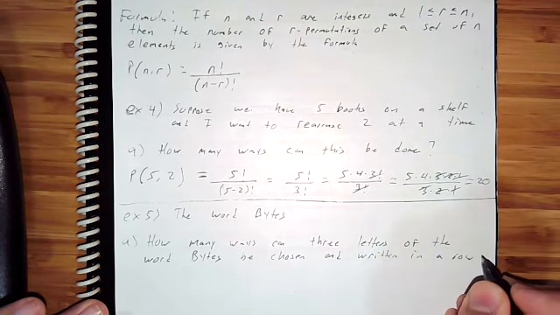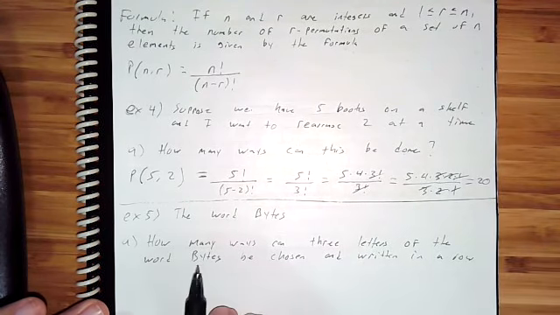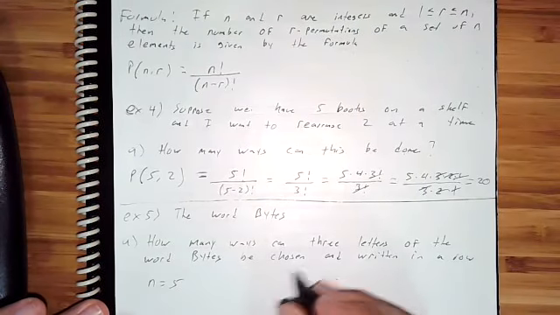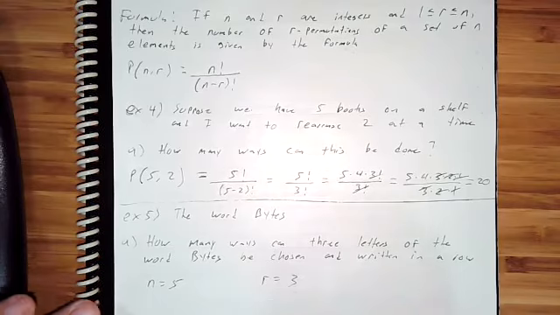So basically, total letters 1, 2, 3, 4, 5. So n is 5, and I'm choosing 3 at a time.